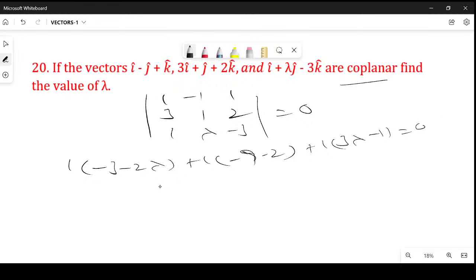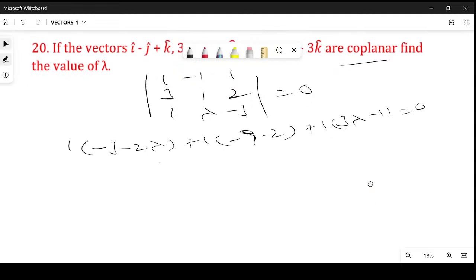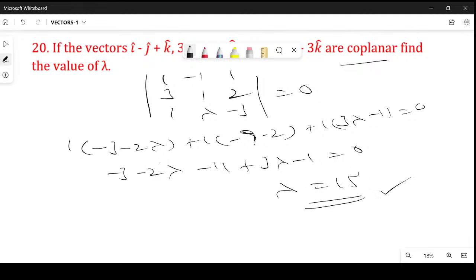You simplify. Minus 3 minus 2 lambda minus 11 plus 3 lambda minus 1 equal to 0. Minus 2 lambda plus 3 lambda, lambda. So minus 15, lambda is equal to 15. So that will be our answer. We get lambda is equal to 15.